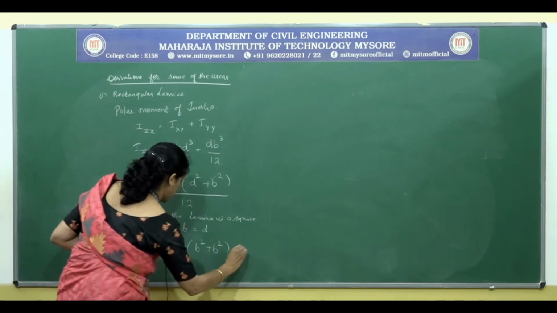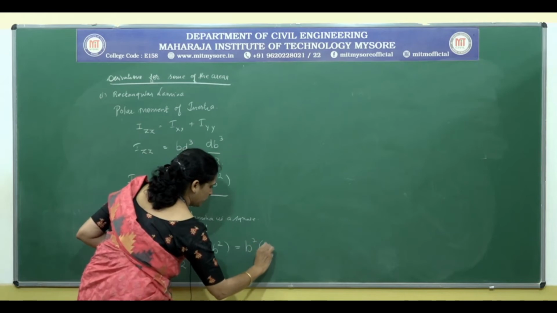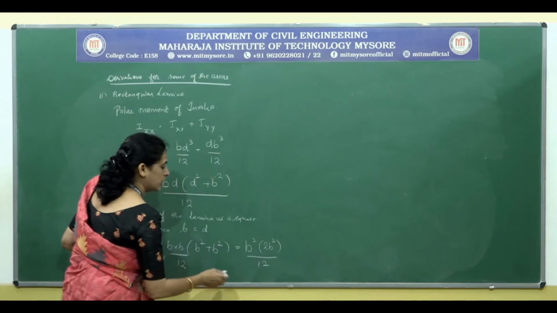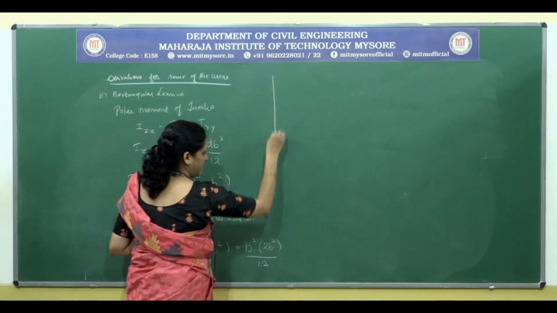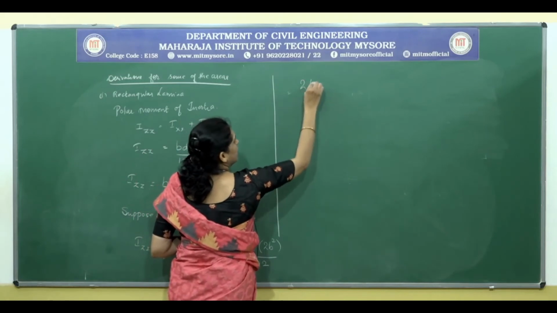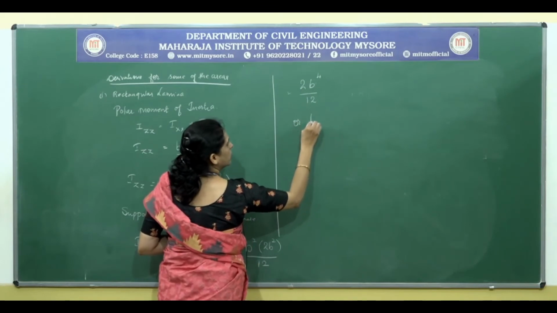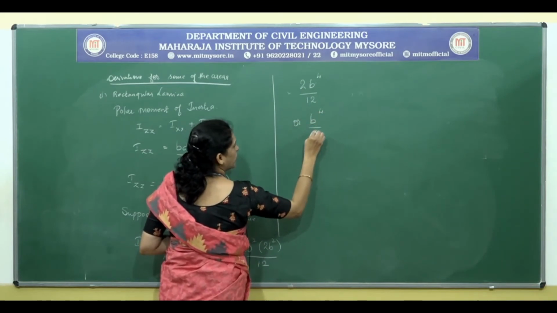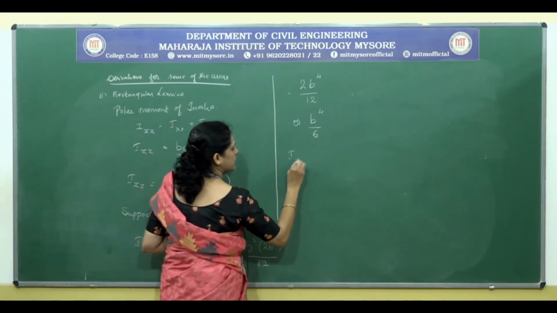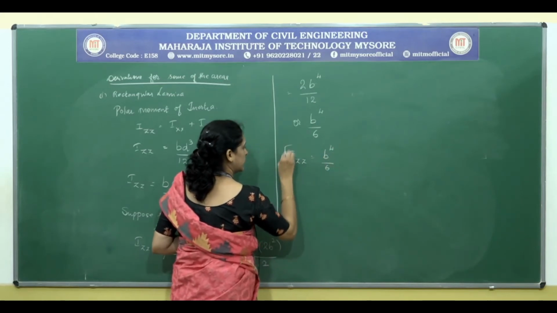This takes the form of B square into 2B square by 12. Therefore, it is 2B to the power of 4 by 12, or B to the power of 4 by 6. Therefore, Izz will be B to the power of 4 by 6.